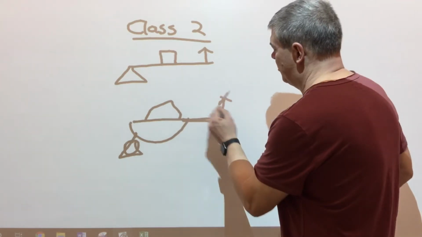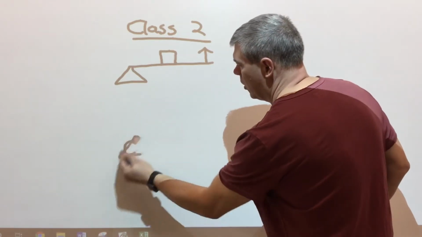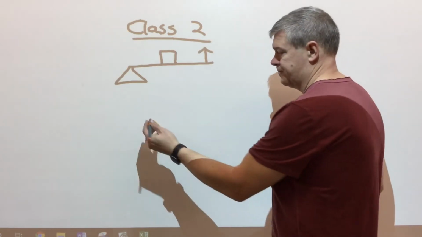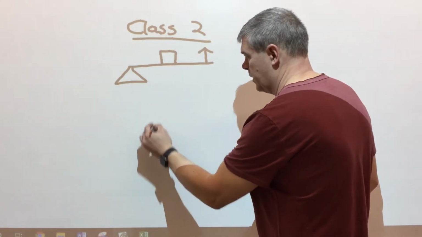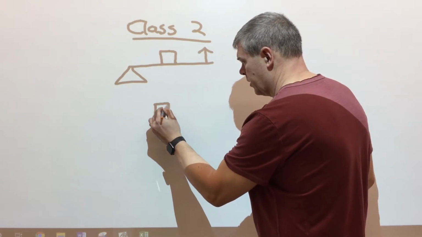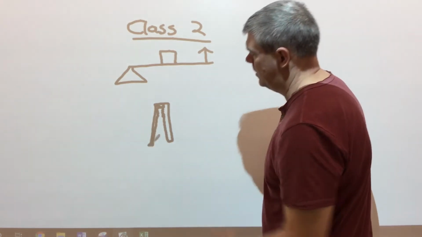Now another example that we saw on the classification sheet that you had was the nutcracker. Okay, and some of you recognized this right away. So here is my rough version of a nutcracker. Okay, not very good.